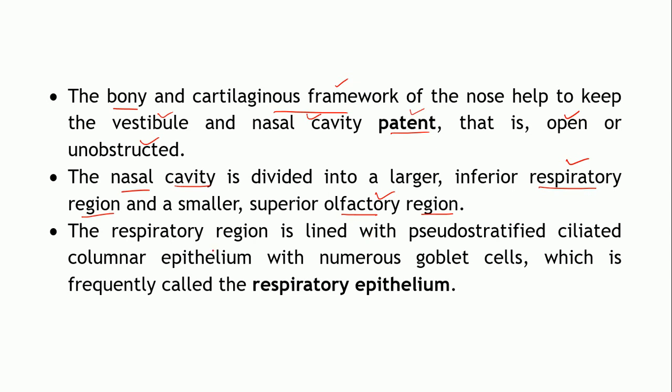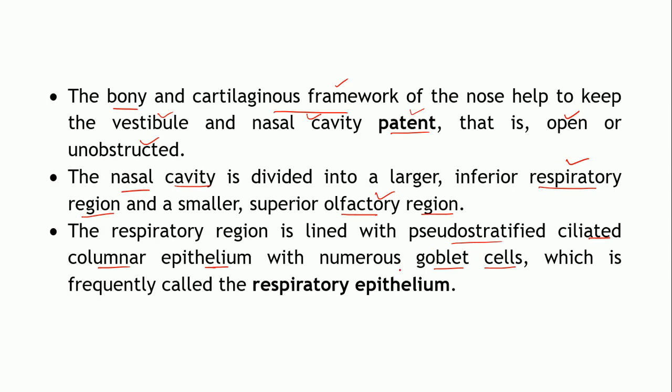Now this respiratory region is lined by pseudostratified ciliated columnar epithelium within the mucosa. This will also comprise a number of goblet cells. What is the role of goblet cells? That is to produce the mucus.